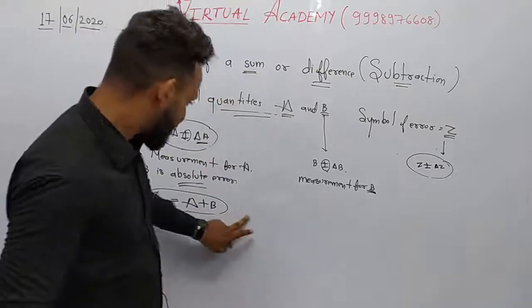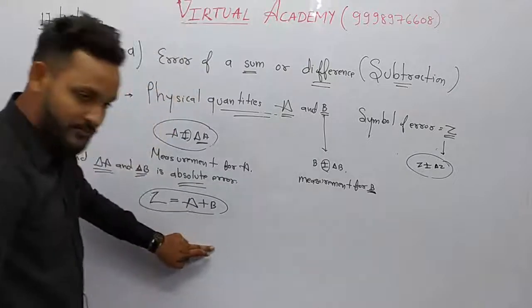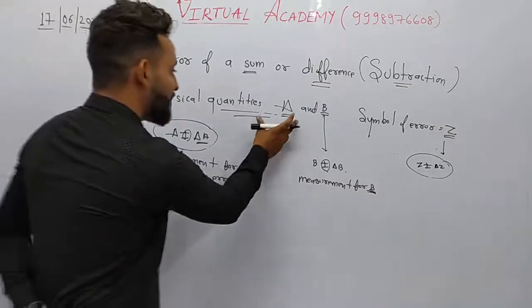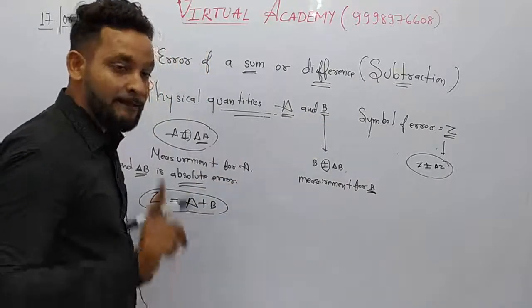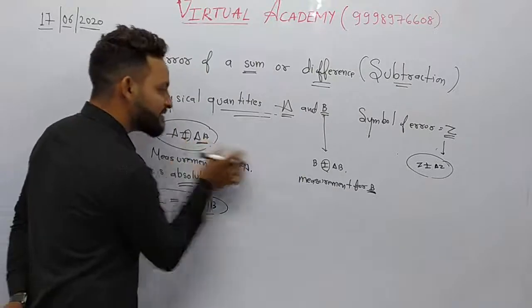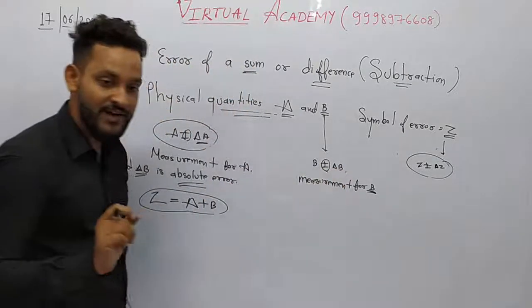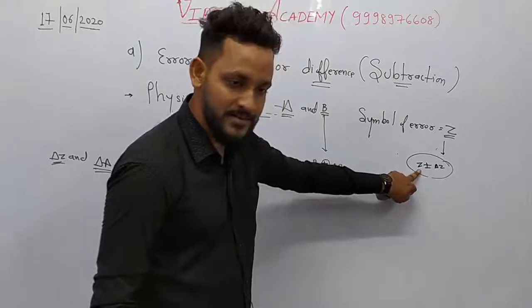It is not given with a complete explanation in the textbook, so I am focusing on it very well. Clear? So we have physical quantities A and B. The measurements are A and B. Now delta A and delta B indicate what? There is a chance of error. That's the absolute error. Now what about Z? Z is the total measurement.